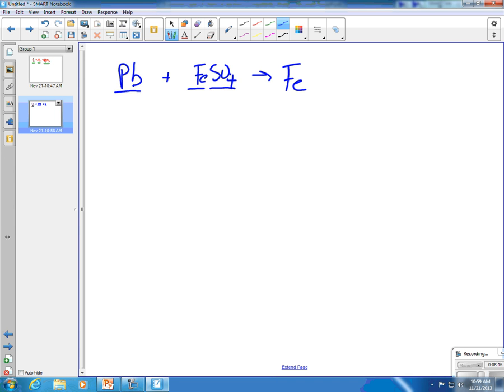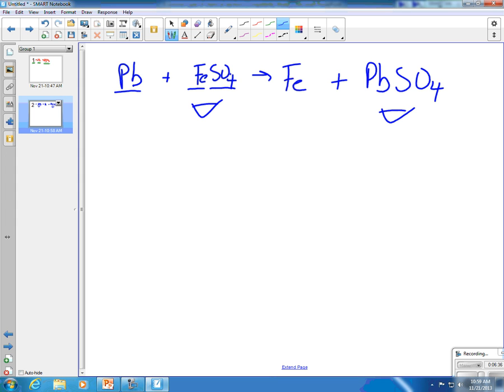Fe plus PbSO4. Now these charges are all able to be taken down to their lowest common denominator, so we don't have any cross-dropping going along in this one here or this one here.